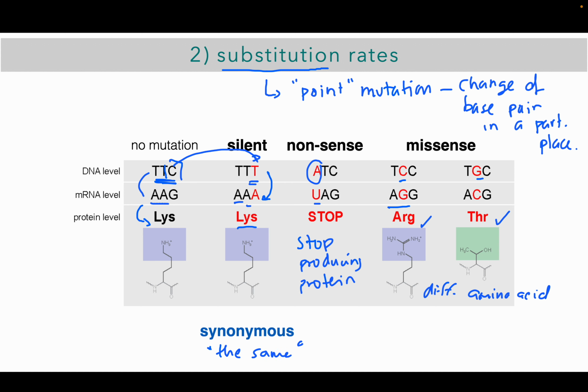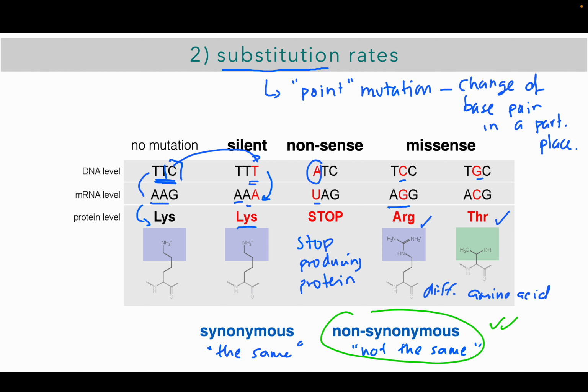And the other one, molecular people are really not imaginative. They call this non-synonymous, not the same. So the mutation that really matters, that makes a difference, is this one, right?